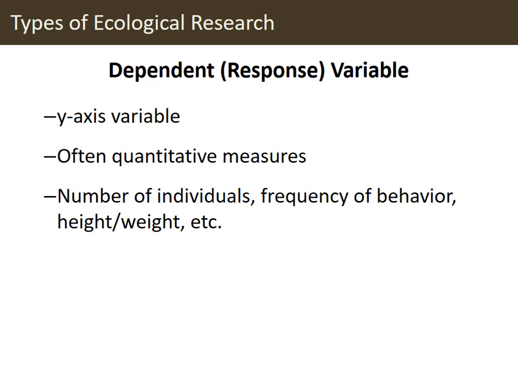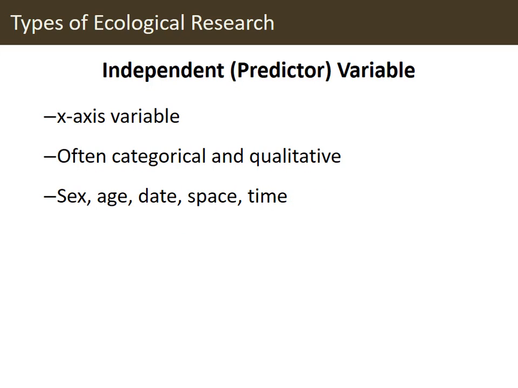So we're going to use these dependent or response variables and our independent and predictor variables. You can choose which one of these makes the most sense to you colloquially. So an independent variable is that category, and the dependent variable depends on the category. How many bears do we have? Well, it depends on the site, right?